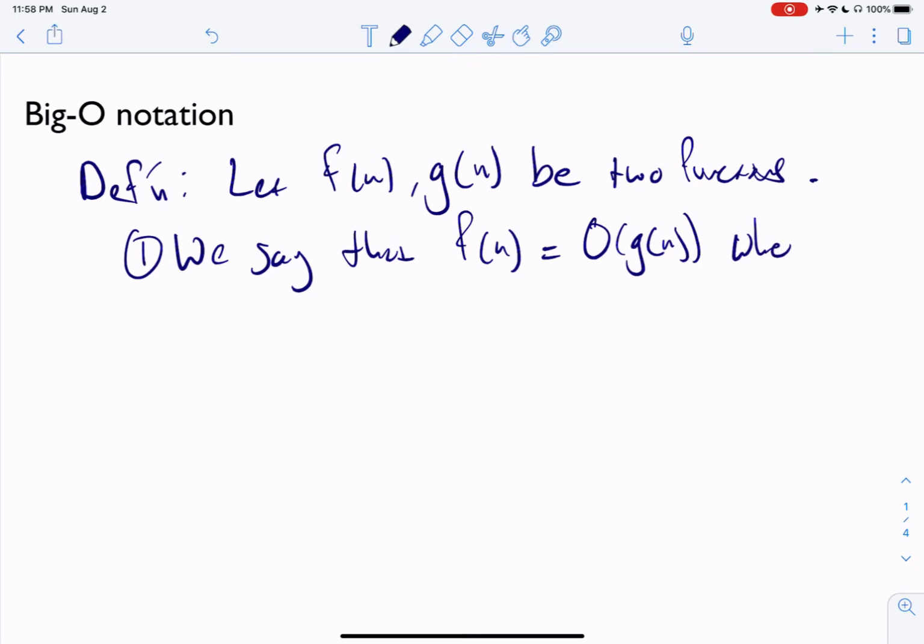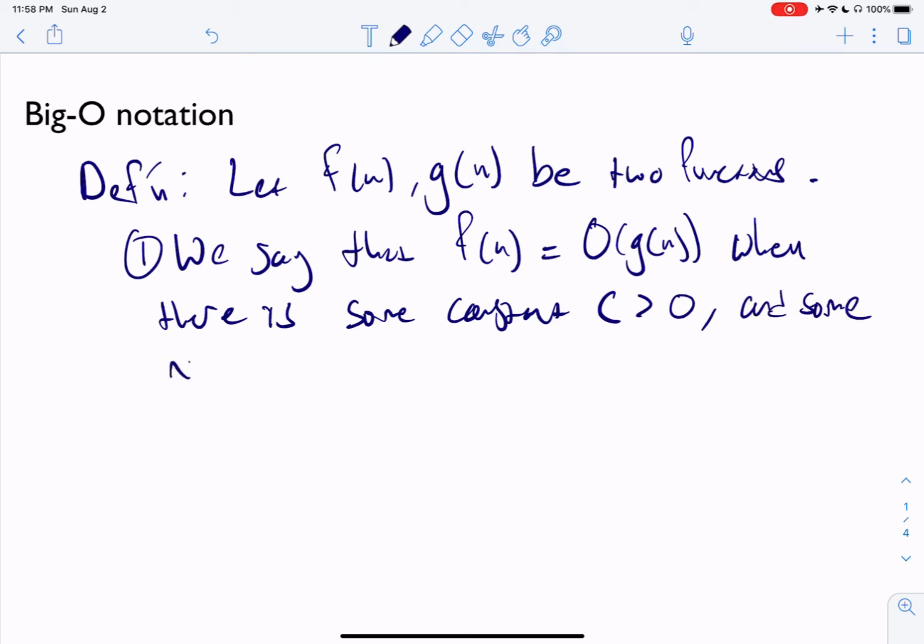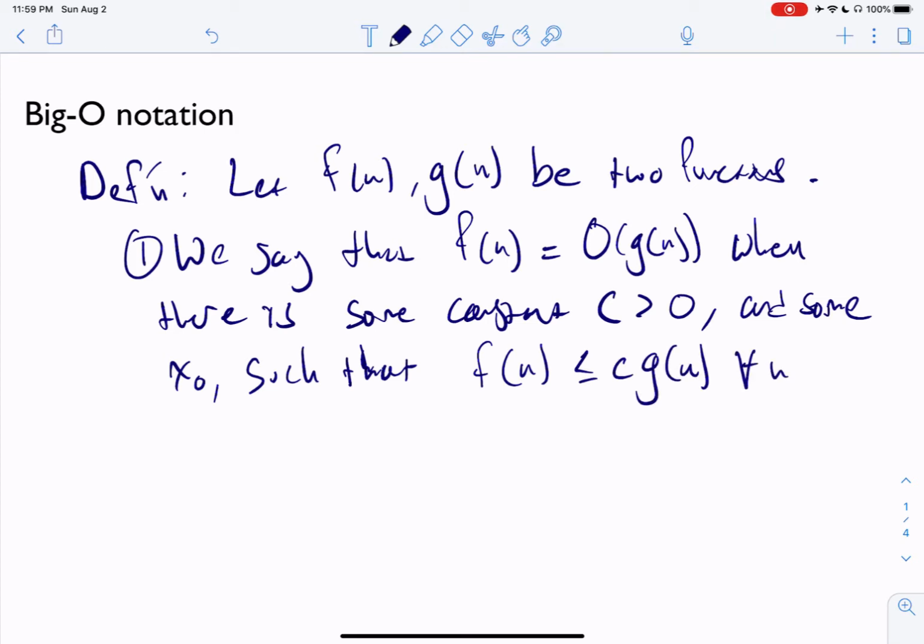When the following holds: there is some constant c bigger than 0, and some x naught, which is another constant, such that f of n is less than or equal to c times g of n for all n bigger than or equal to x naught. Okay, that's what we mean when we say big O.